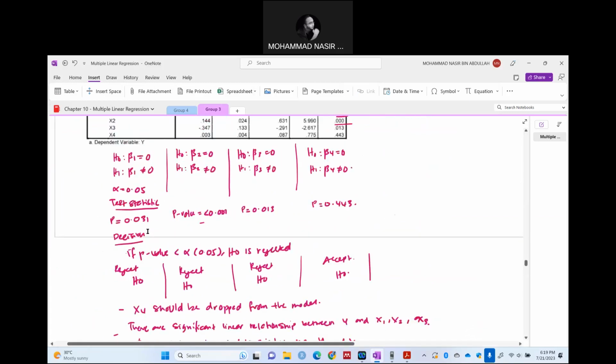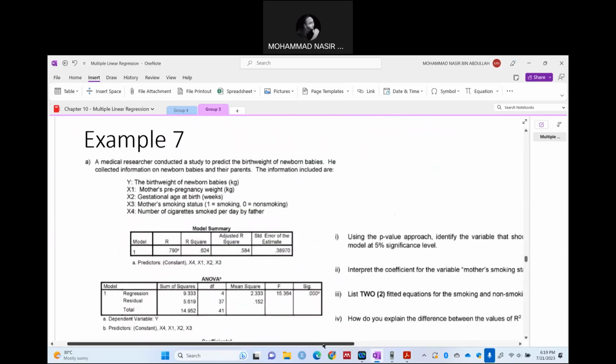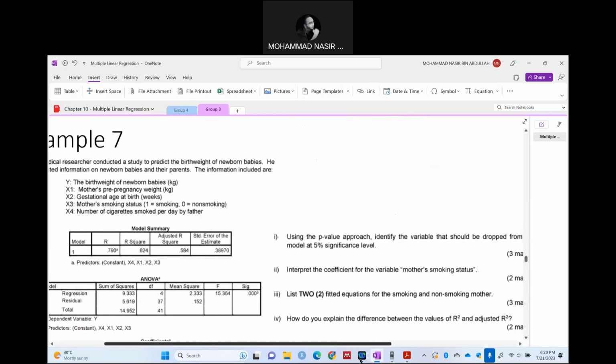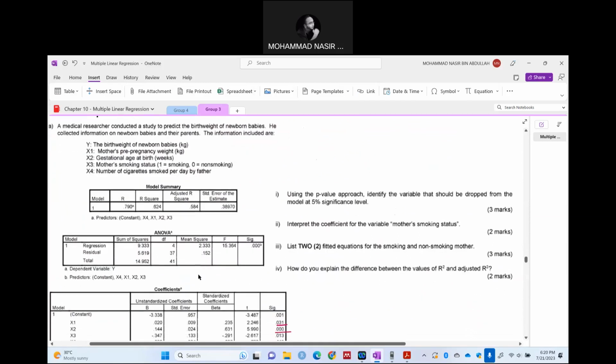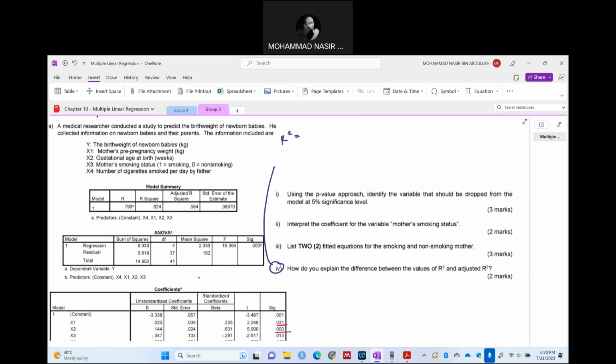So the last question will be, how do you explain the difference between R square and adjusted R square? For number 4, R square is equal to 0.6442, right?